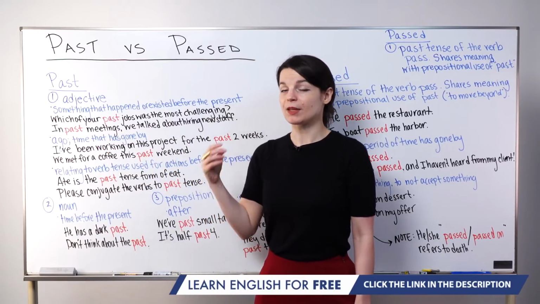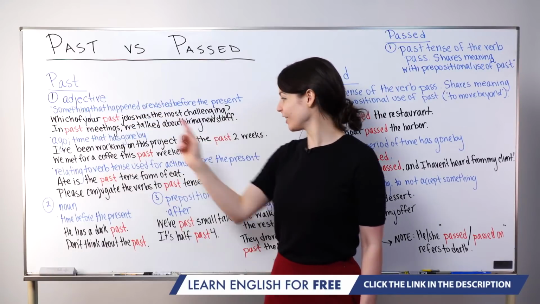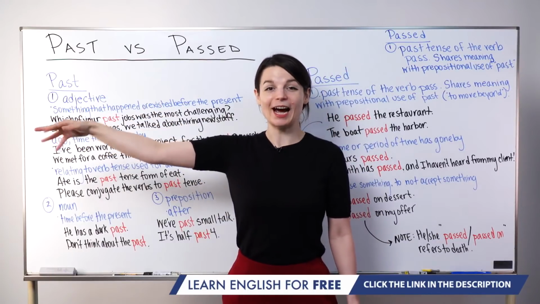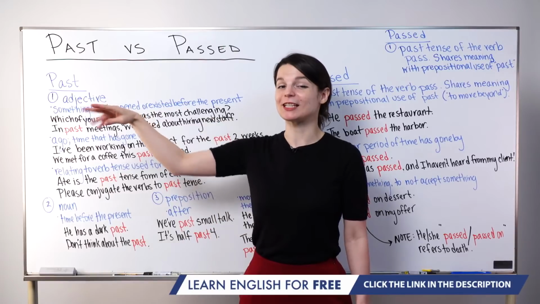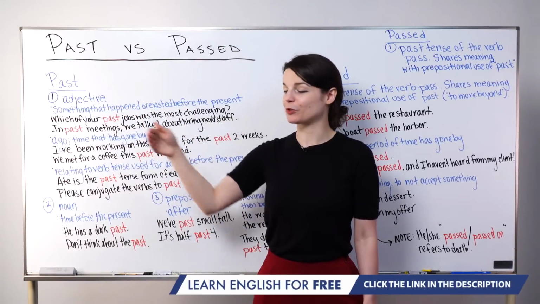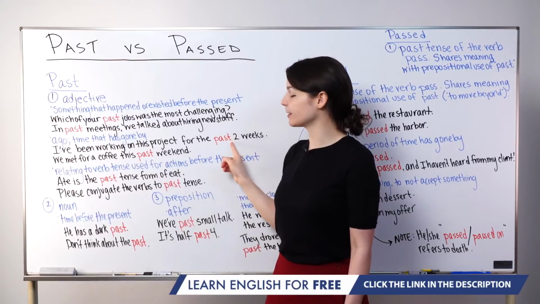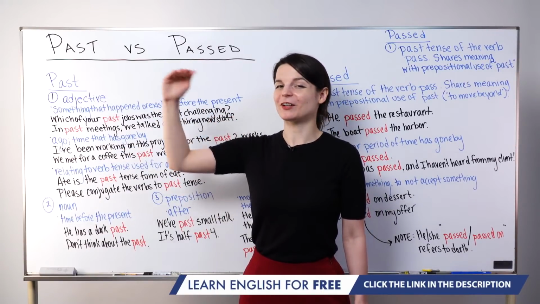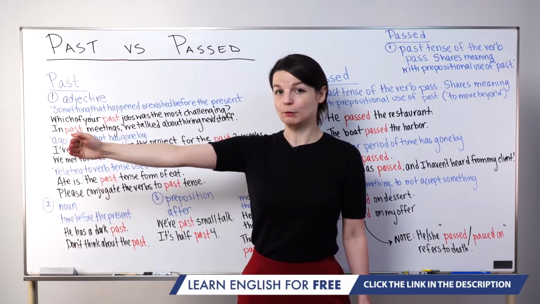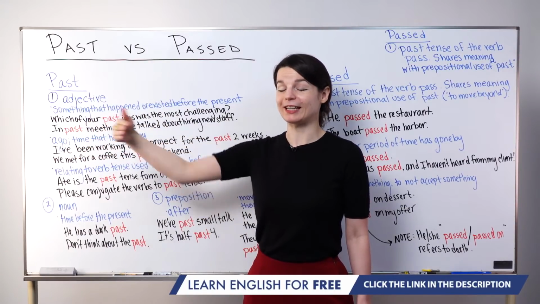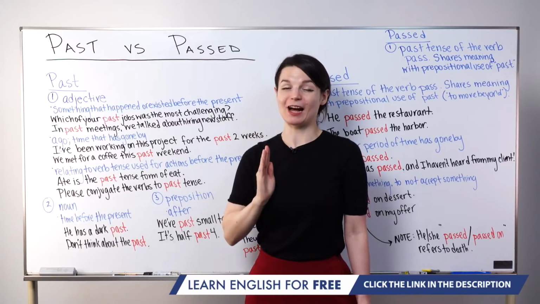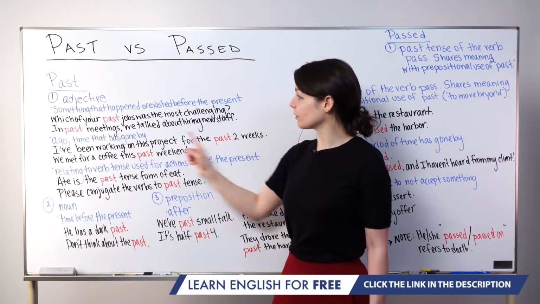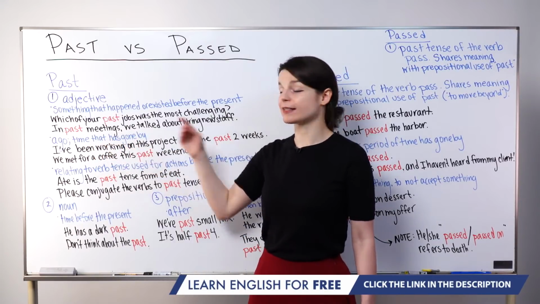This shows us I started working on the project 2 weeks ago, and I've been working refers to continuous work for those 2 weeks. So my starting point was 2 weeks ago, and I continued working until now, the present. So this refers to time that has gone by.